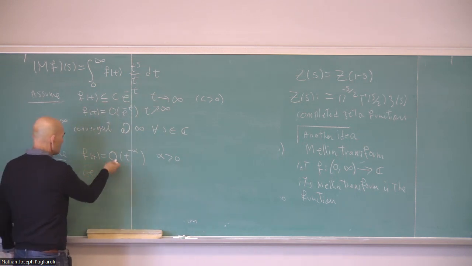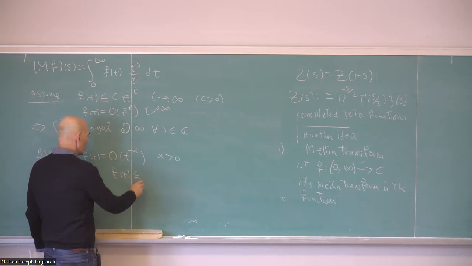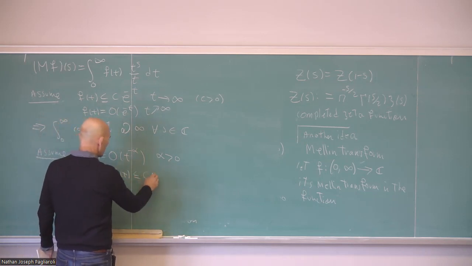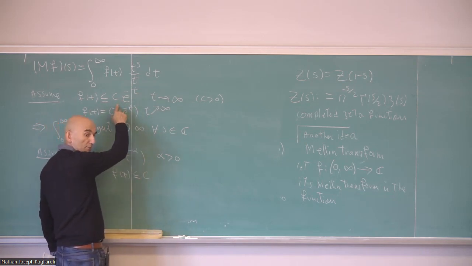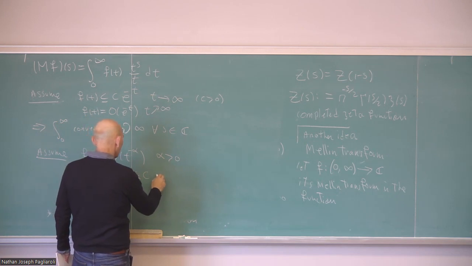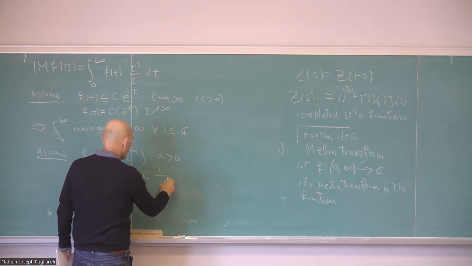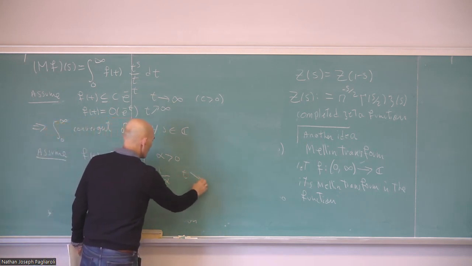It just means that f of t is less than or equal to some constant c, again this constant has nothing to do with the previous constant, times 1 over t to the alpha, as t goes to 0.